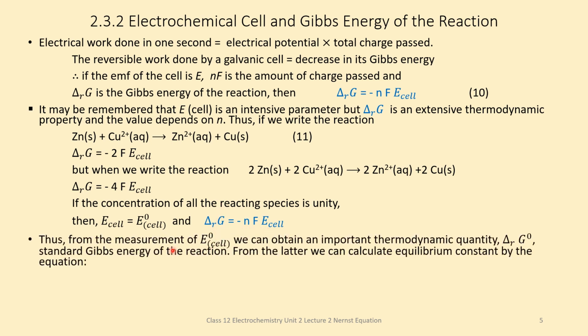Thus, from the measurement of E0 cell, we can obtain an important thermodynamic quantity, delta rG0, the standard Gibbs energy of the reaction. From the latter, we can calculate the equilibrium constant by the equation delta rG0 is equal to minus RT into log of K.